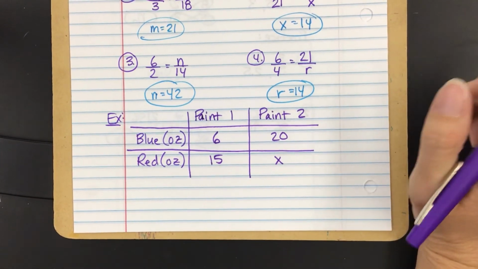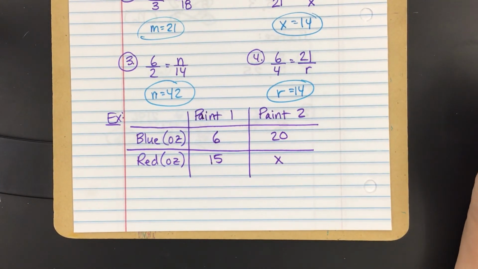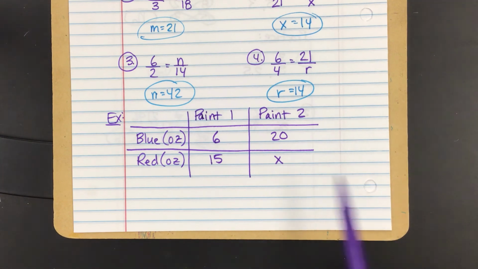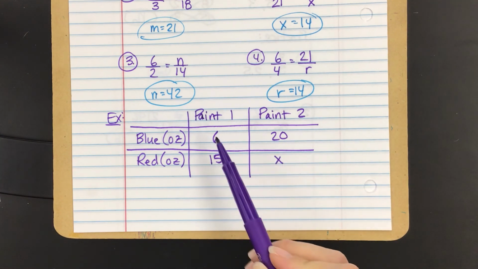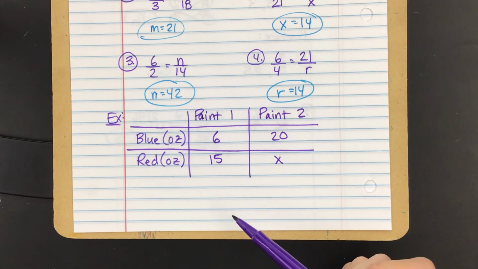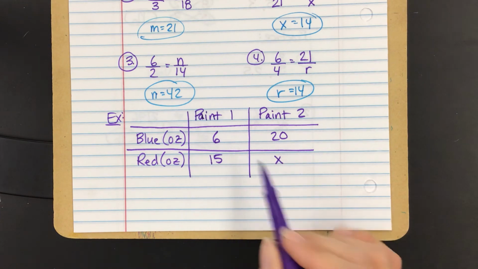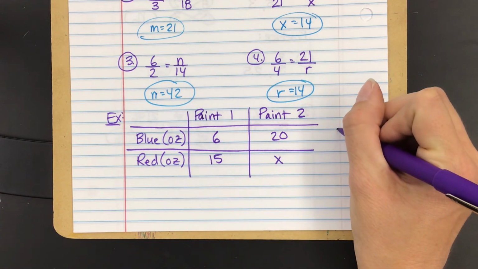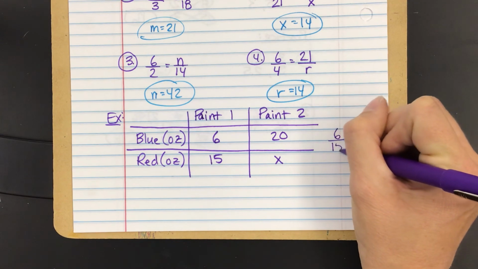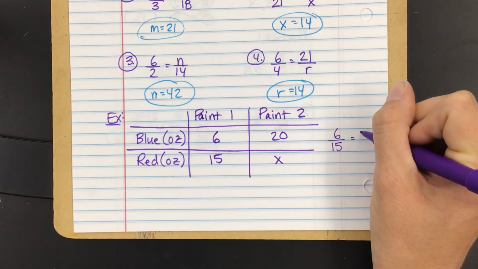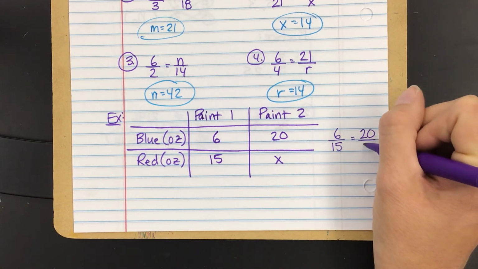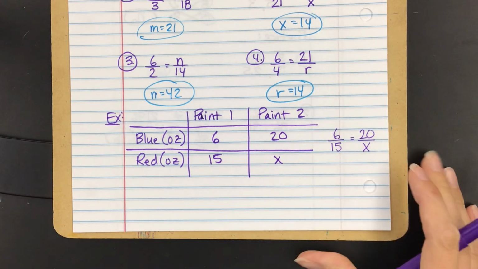Okay, well, when you're given a table like this, you don't even need to take the data out of the table if you don't want to. You can just cross multiply and divide. But if you want, you can rewrite this data off to the side and keep the ratios in the exact same position. So this will be 6 over 15 is equal to 20 over X. Okay?